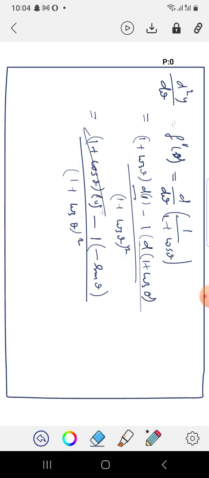So this one is dead because of that 0. This one is going to be plus sine theta over 1 plus cos theta raised to power 2, which I think is the final destination.